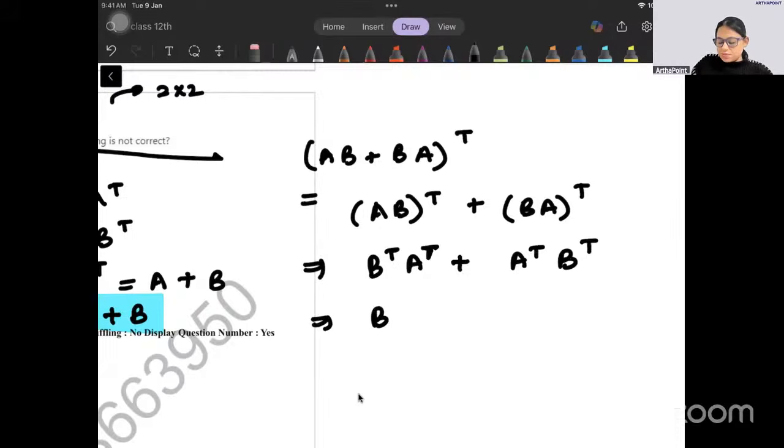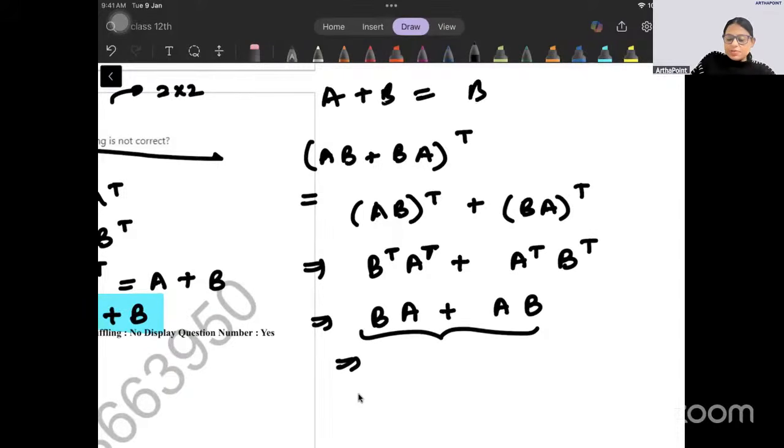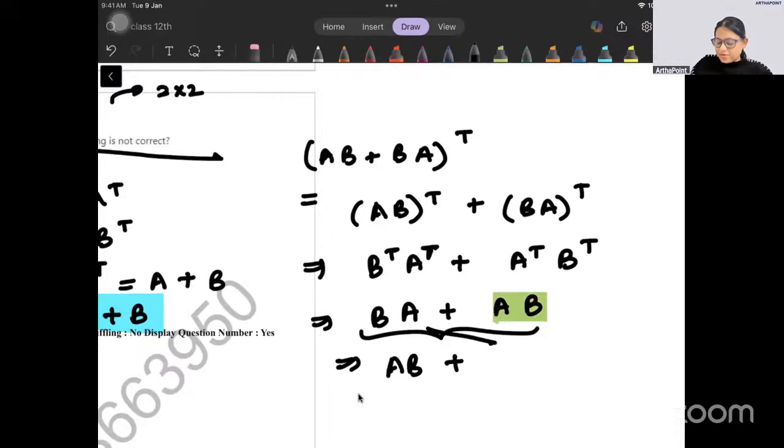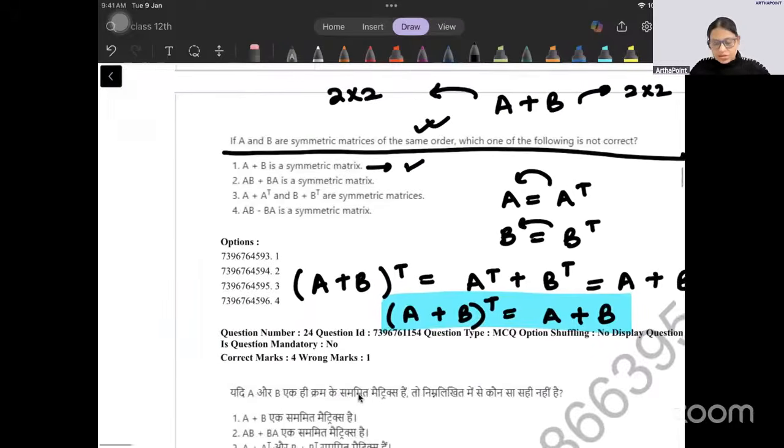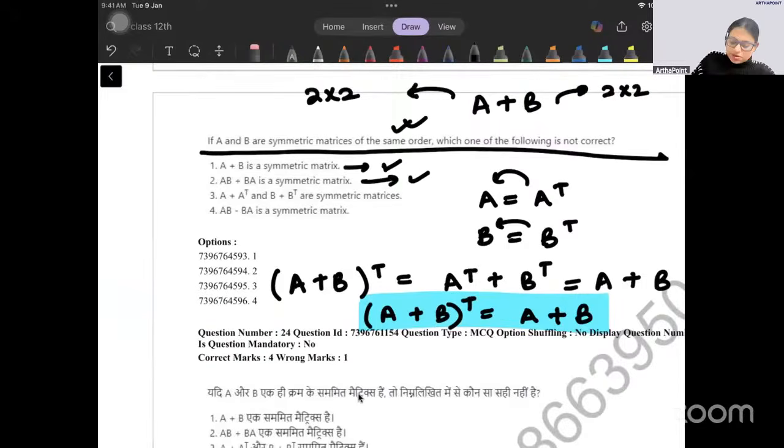B transpose is just B, A transpose is A. You remember that A plus B is nothing but B plus A in matrices. So I can rewrite this, bring this first and write this later. So we have proved that the transpose of AB plus BA is AB plus BA. That means this is also a correct statement. This is also coming out to be symmetric.